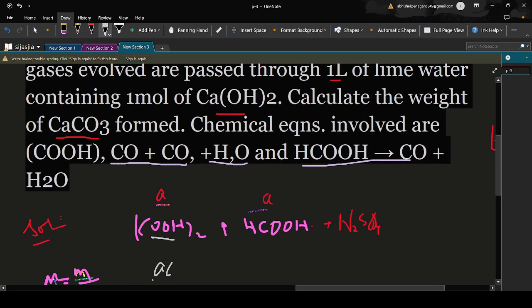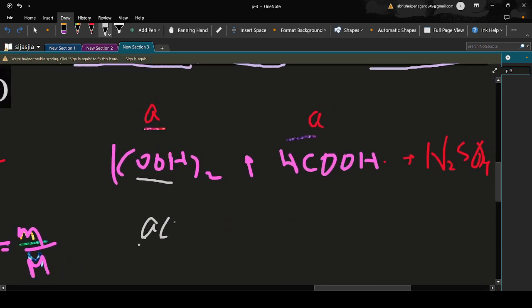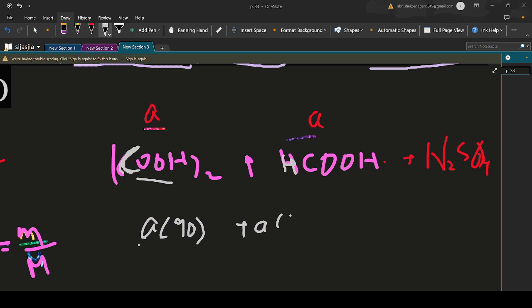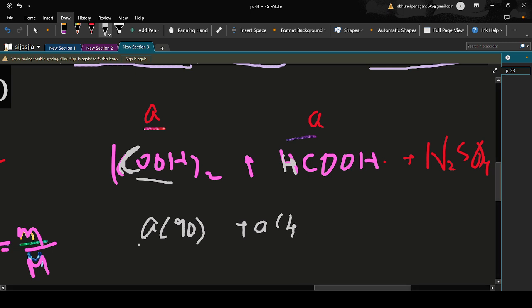So the mass of COOH taken twice plus HCOOH both weigh 100. HCOOH is 12 plus 32 plus 2, so 46.